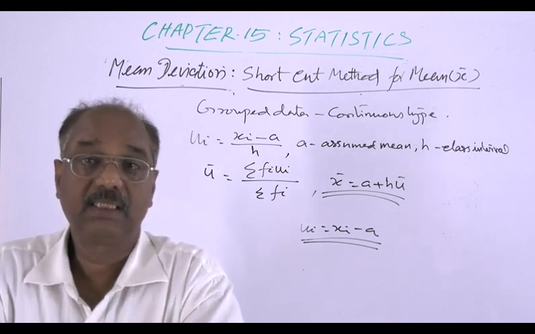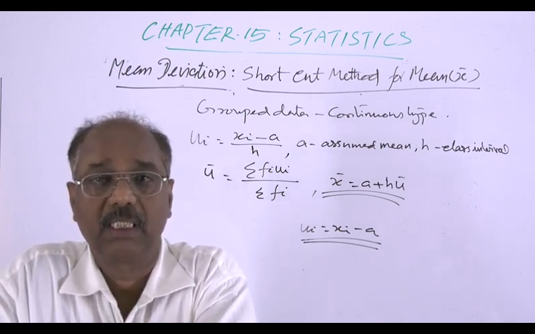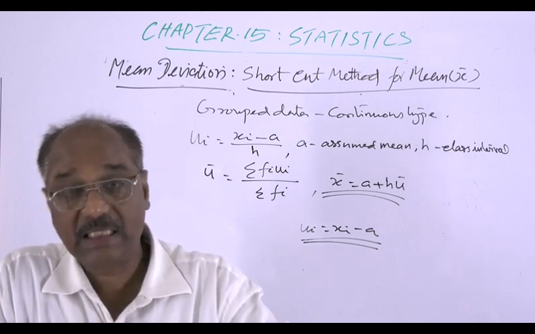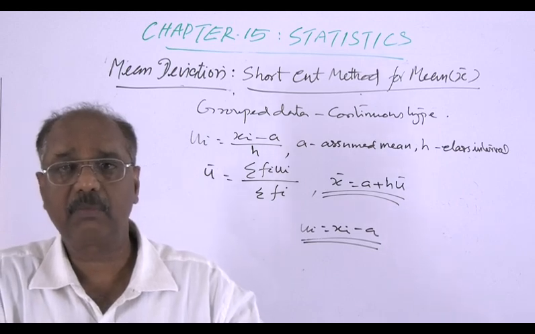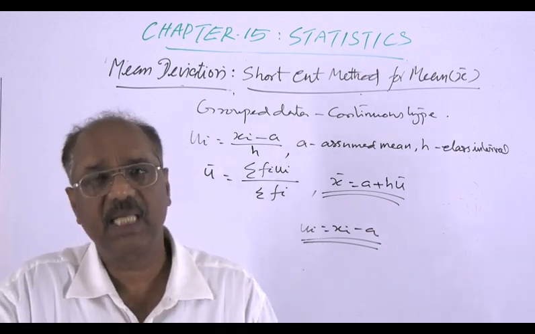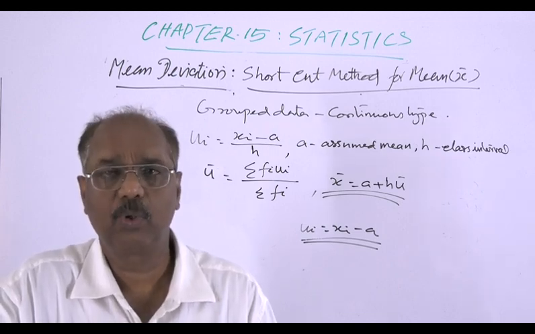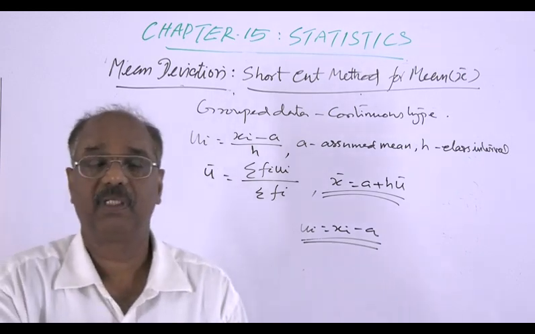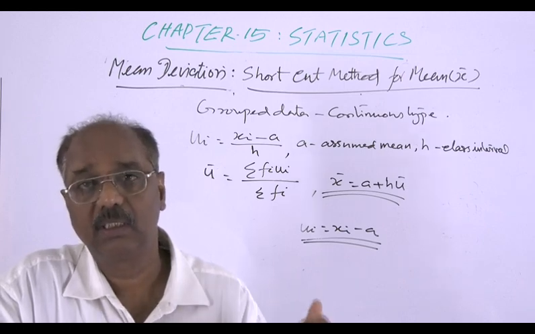So the decision is yours, whether to use the shortcut method or not. If it is asked to find the mean using the shortcut method, then there is no other way; you have to use it. Otherwise, we can decide whether it is necessary, depending upon the values of xi. If the xi values are larger, better use the shortcut method.